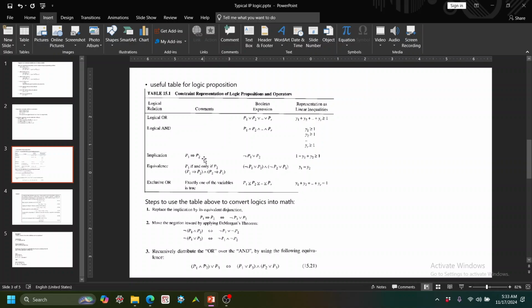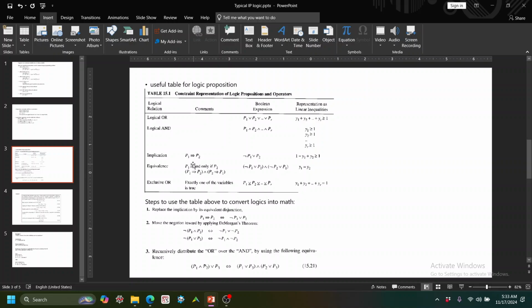The Boolean expression is not P1 or P2, and the mathematical expression is 1 minus Y1, because not P1 means 1 minus Y1, plus Y2, larger than or equal to 1, following this form.